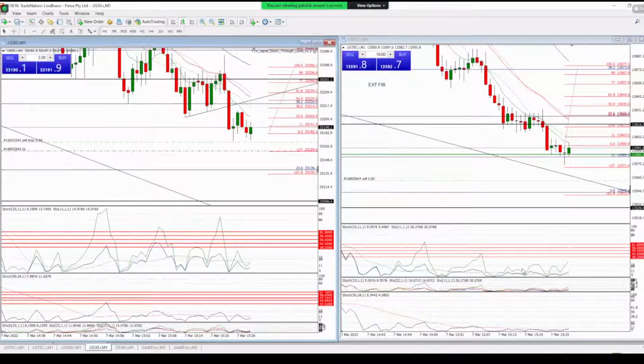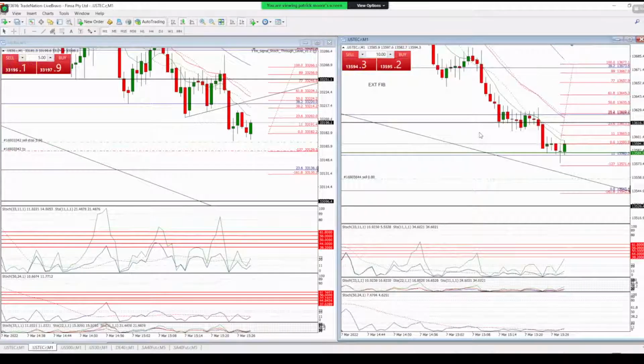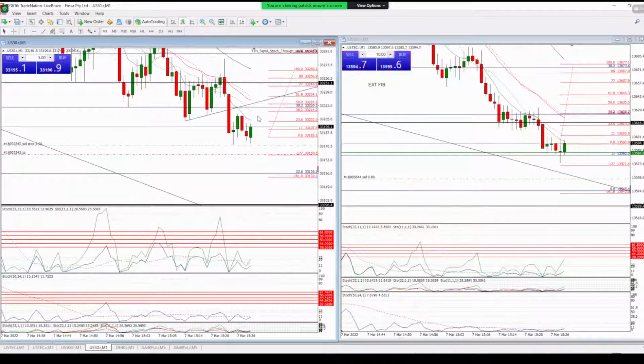Both stochastics qualify for long triggers, signal line below 50, blue up through 50. Okay, coming up for 5:30 candle.